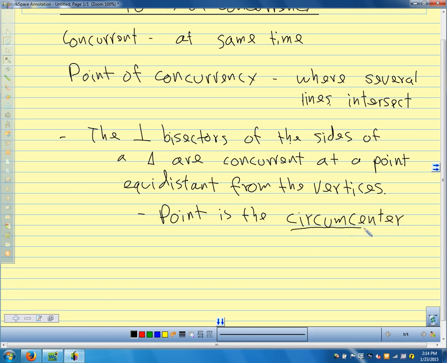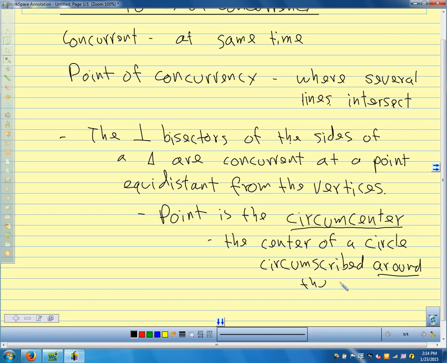We call it the circumcenter because it is the center of a circle circumscribed, drawn around the outside of a triangle. Circum just means around, and scribe means write.